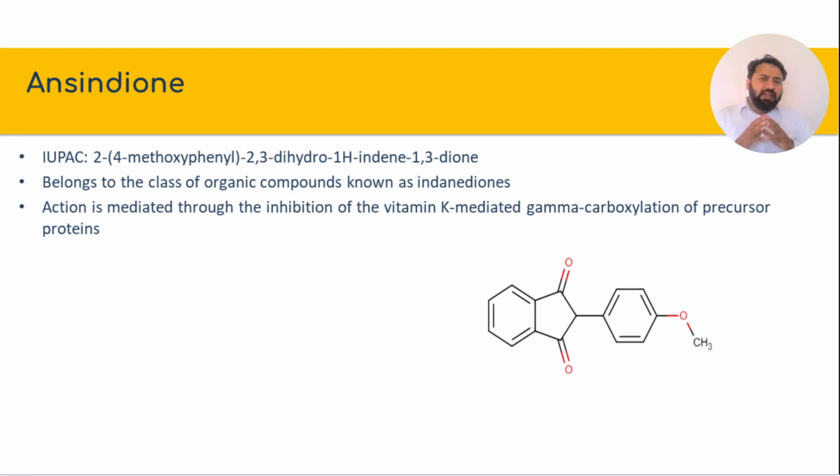Now this anisindione is a synthetic anticoagulant. Its action is mediated through the inhibition of vitamin K mediated gamma carboxylation of precursor proteins, which are very critical in forming the active procoagulation factors, factors II, VII, IX and X, and also the anticoagulant factors protein C and protein S in the liver.